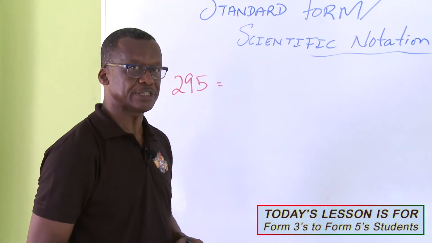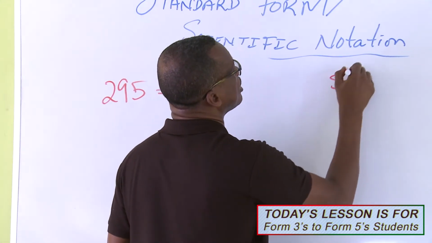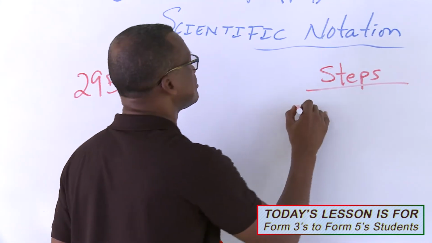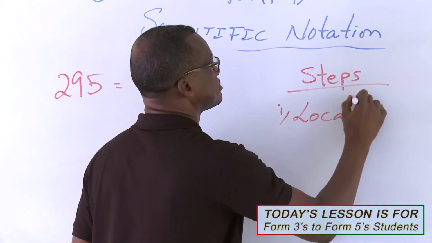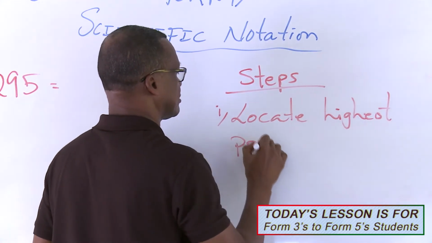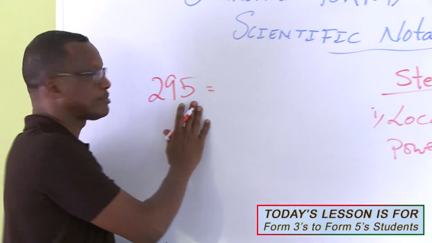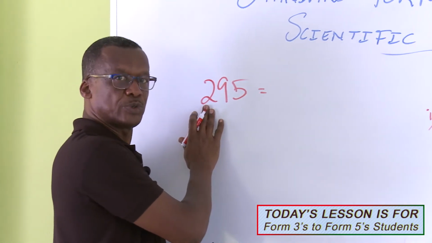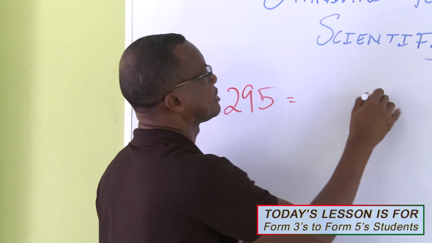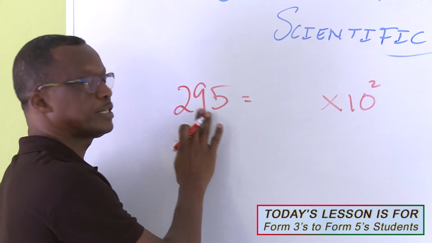For scientific notation, we locate the highest power of 10. In this number, the highest power of 10 would be the 2 in the hundreds column. So how do you write that? That's 10 to the power of 2. 10 to the 0, 10 to the 1, 10 to the 2.